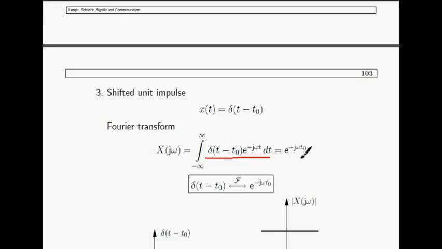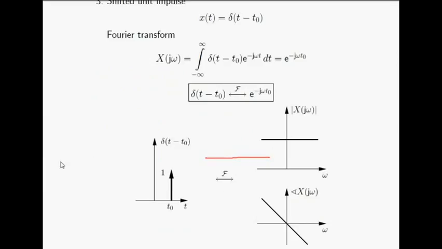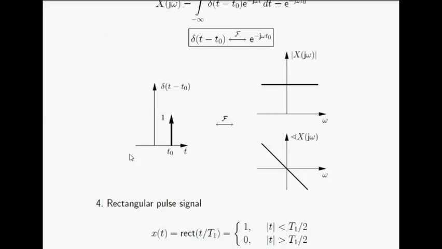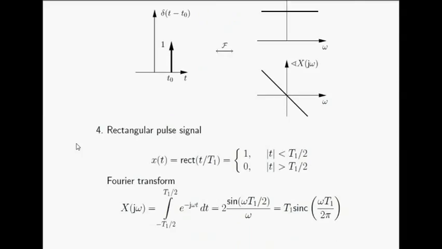If I solve this, I will get e to the power minus j omega t naught outside, which is constant, and the remaining term will be 1 because delta will be valid for t equals t naught only. So the Fourier transform of delta t minus t naught is e to the power minus j omega t naught. Okay, so this is the curve of delta t minus t naught, and it is the magnitude spectrum of the Fourier transform, and it is the phase spectrum.